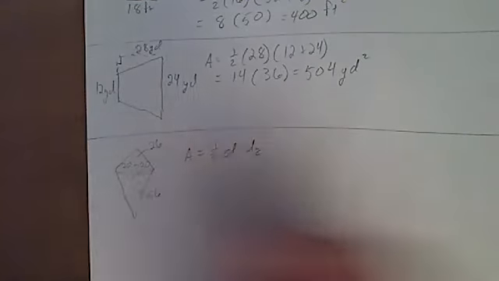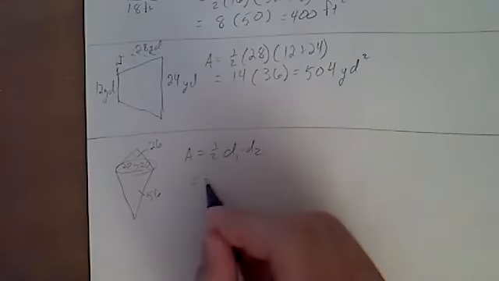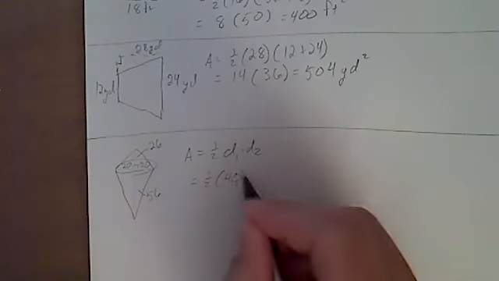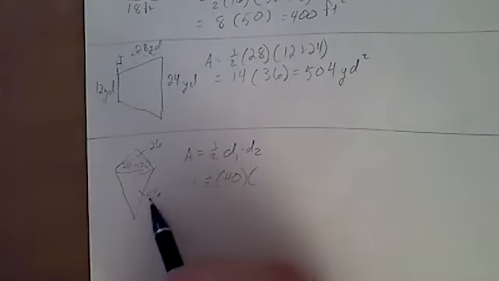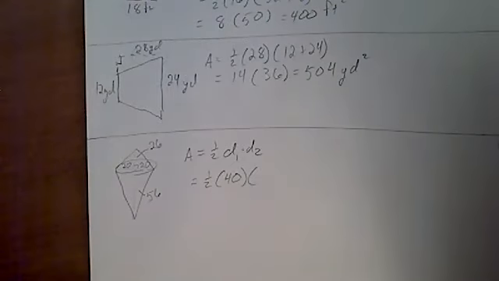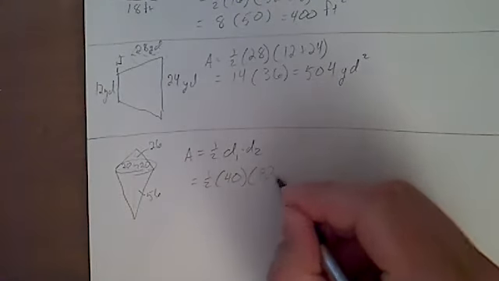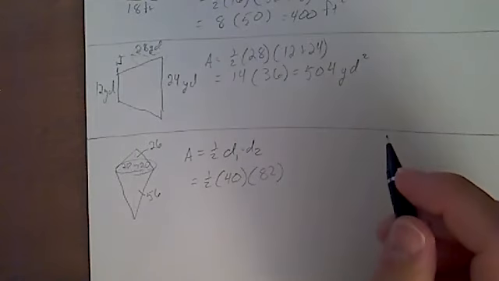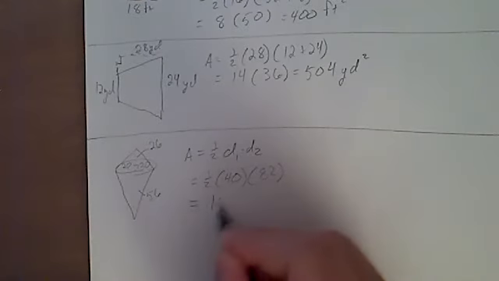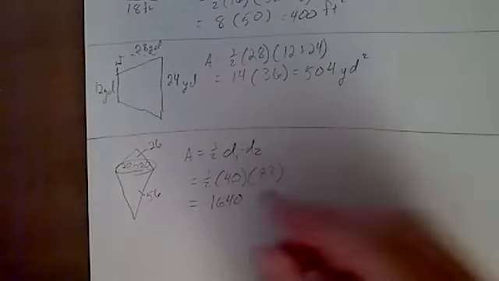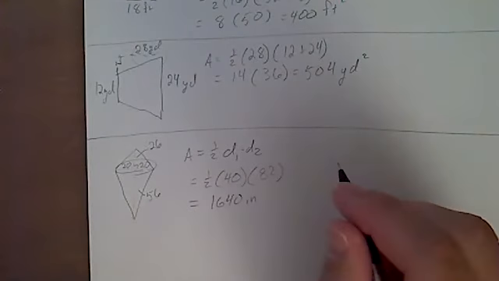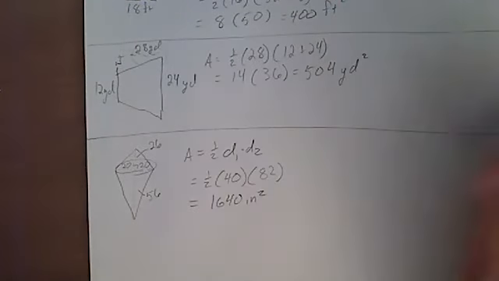One of our diagonals is 20 plus 20. And the other diagonal is 56 plus 26. That's 70 and 12, which is 82. And if we multiply those together, we get 1,640 inches squared.